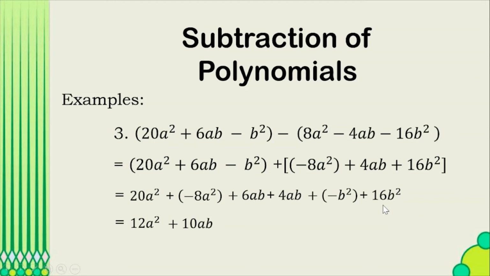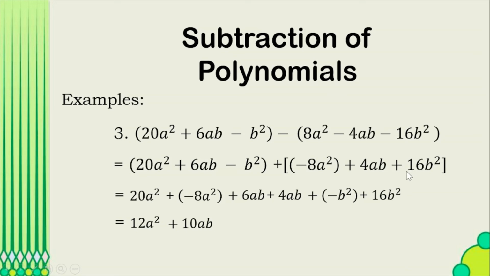So unlike signs, now you need to get the absolute values. The absolute value of negative 1 is positive 1. And of 16 is 16, positive 16. Now subtract. 16 minus 1 is 15. What is the sign of the number with a greater absolute value?